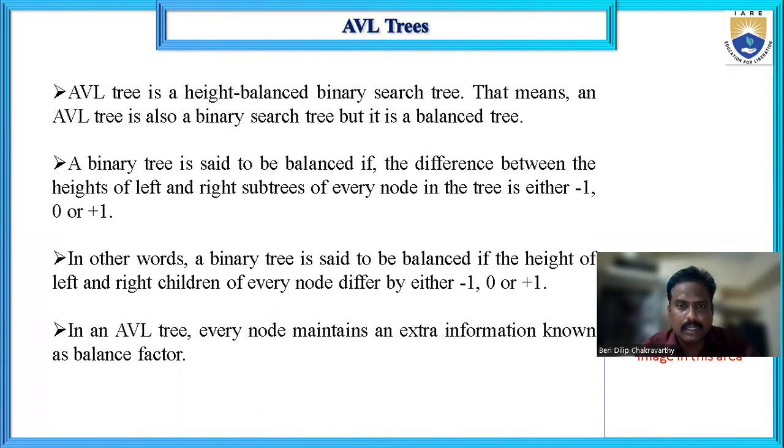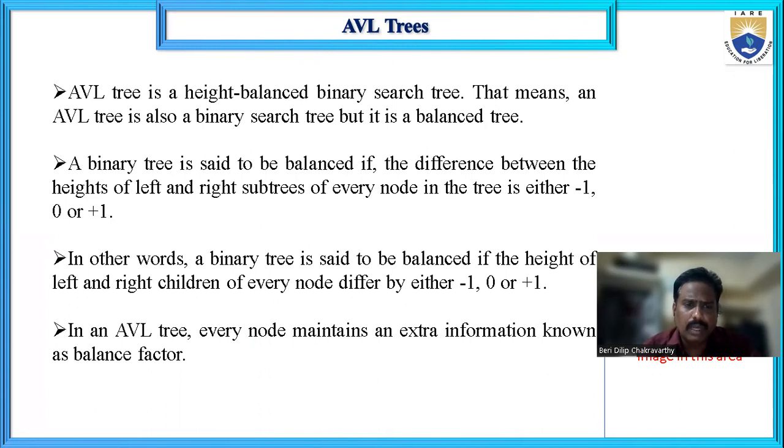Here we are maintaining the height, so it should not be more than these values. It should be between -1, 0, and 1. The difference between the height of left and right subtrees of every node in the tree is either -1, 0, or 1.